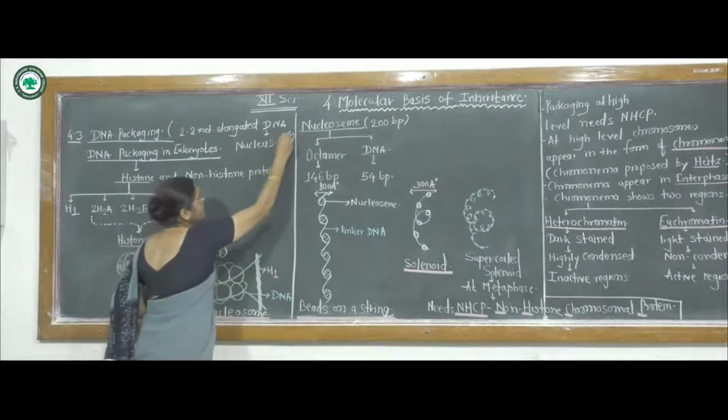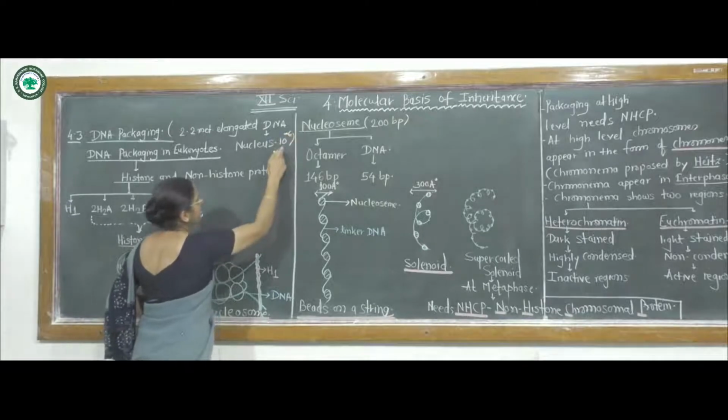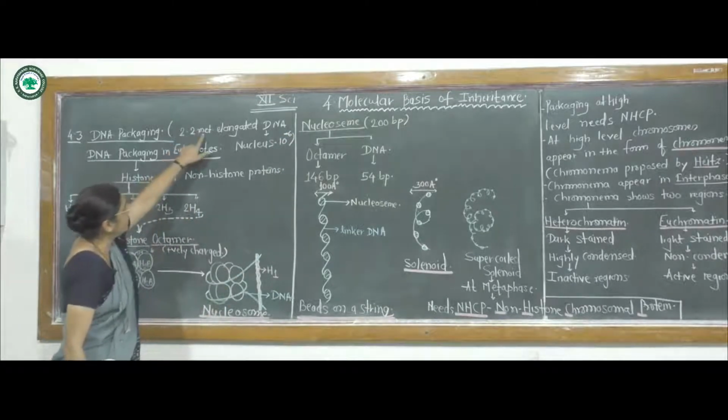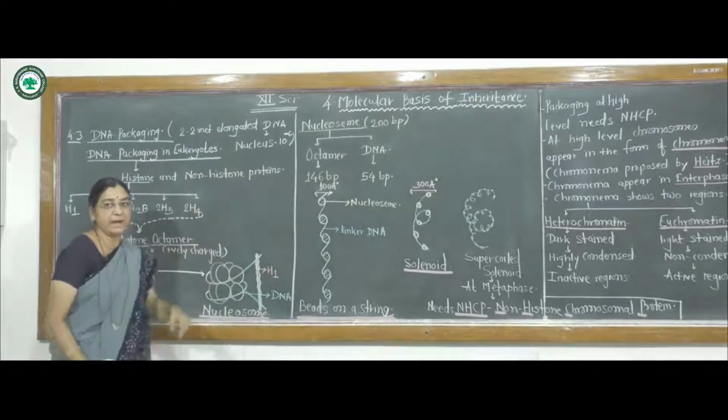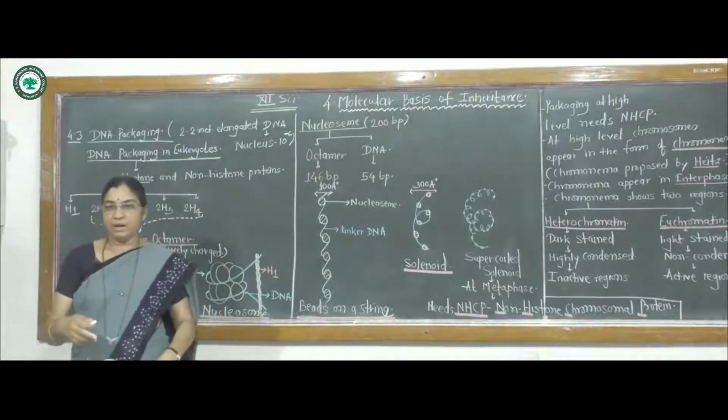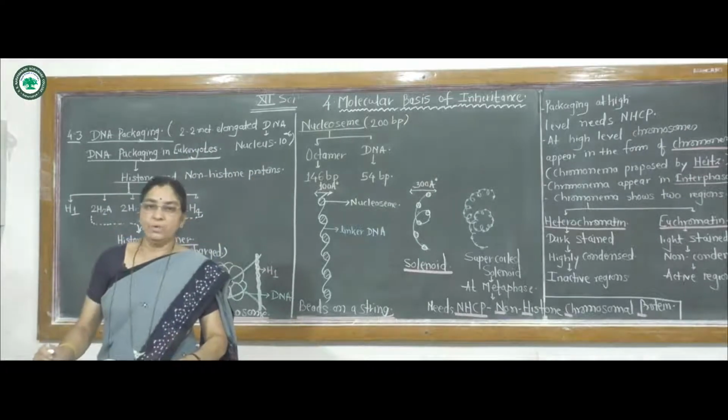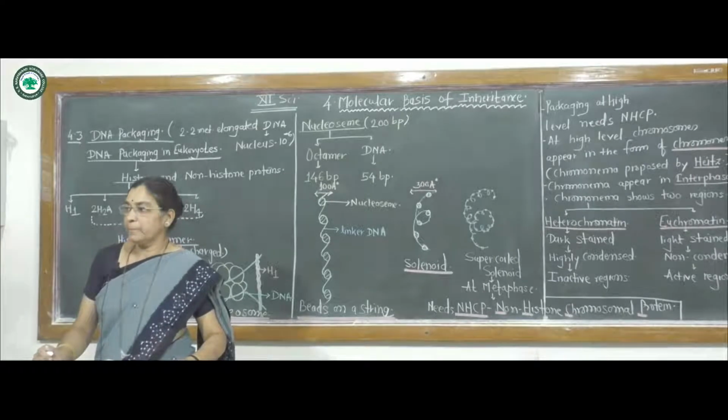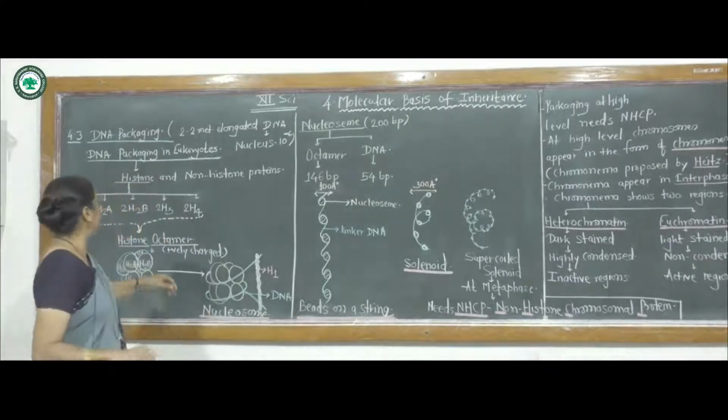That means in a very small space, the 2.2 meter elongated DNA strand gets accommodated, and a number of such strands get accommodated in the space. That is called the packaging of DNA.